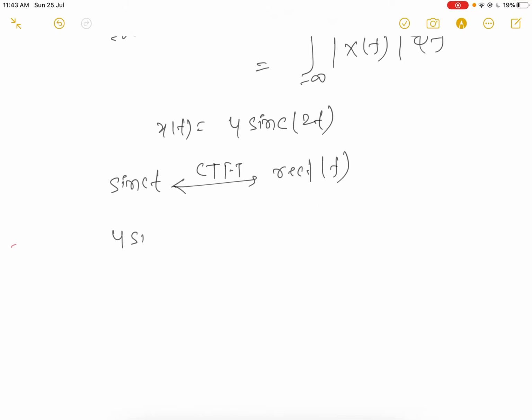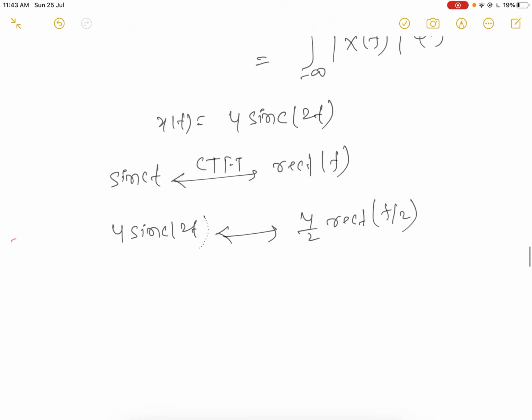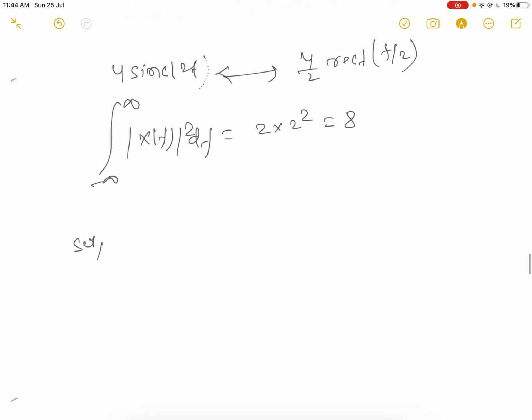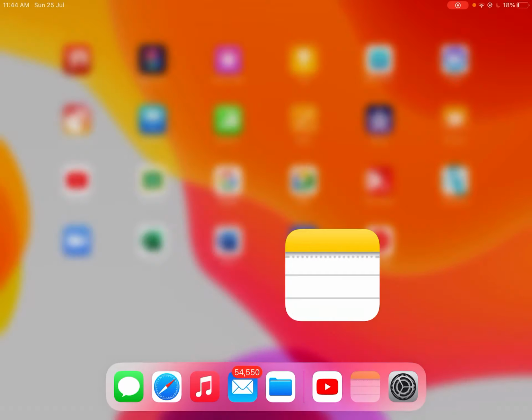So 4 sinc(2t) will be 4 by 2 times a rectangular function of f by 2, since the 2 is a multiplication in time, so the frequency is divided by 2. So the integral of |X| squared df is equal to 2 upon 2 squared, which is 8. So the integral of |y(t)| squared dt equal to 8 will be the right answer.